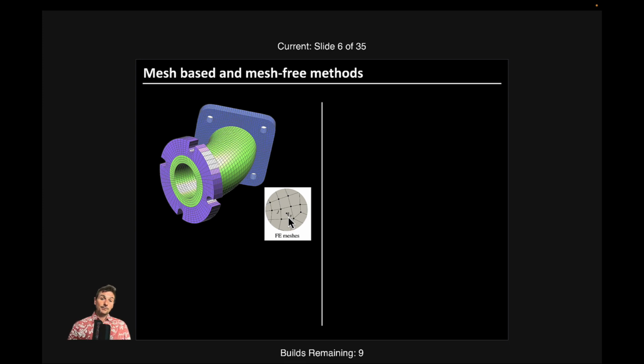Then finally, it's used for post-processing, because we use the Gauss points to post-process. And it's used to represent the geometry of the domain, because without the mesh, we clearly would not be able to represent the geometry. So that's basically what it does.